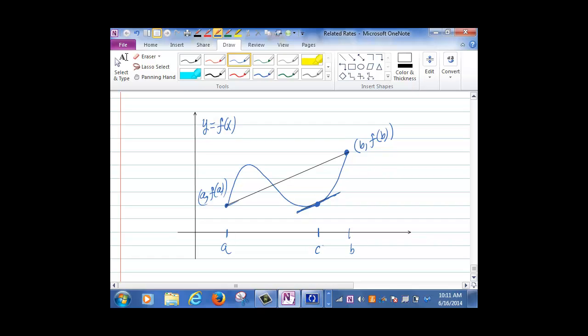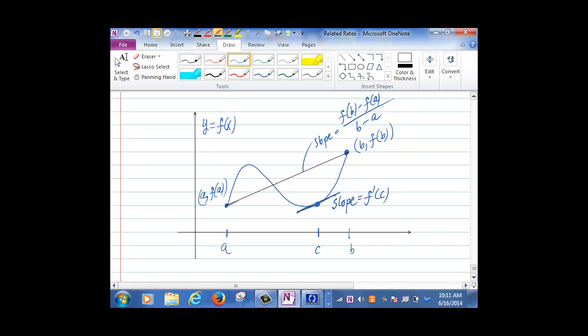Because the slope of the tangent at C is f prime of C, right? And the slope of this line is f of b minus f of a over b minus a. Okay? So there is a C where the instantaneous rate is the same as the average rate.